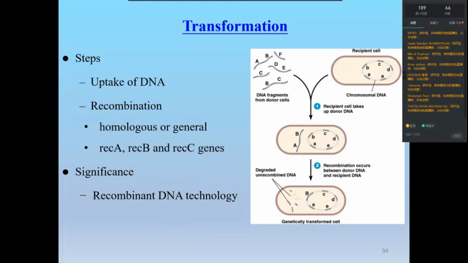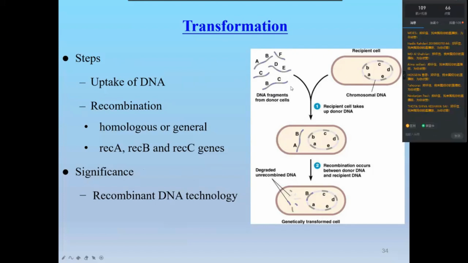And in this figure, it shows us what transformation is. There are some steps. The first step is the uptake of DNA. This is the recipient cell, and it contains its own chromosomal DNA, for sure. And these are the DNA fragments from donor cells.